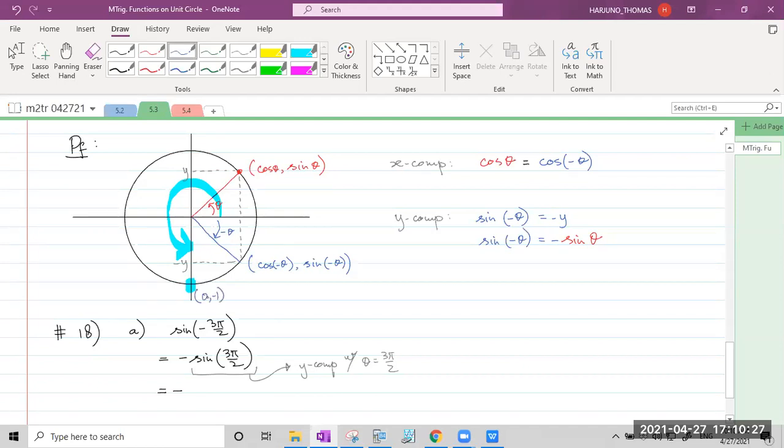Now, what is the y component? The y component of that coordinate will give us sine 3 pi over 2, which is -1. So sine of -3 pi over 2 is equal to 1.